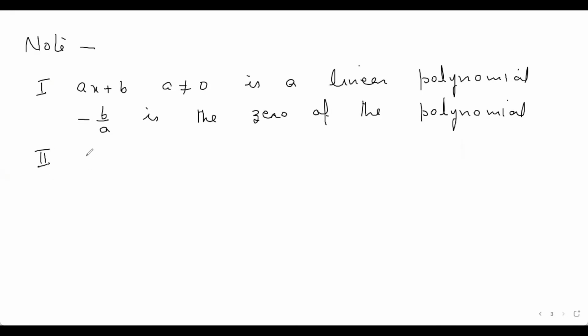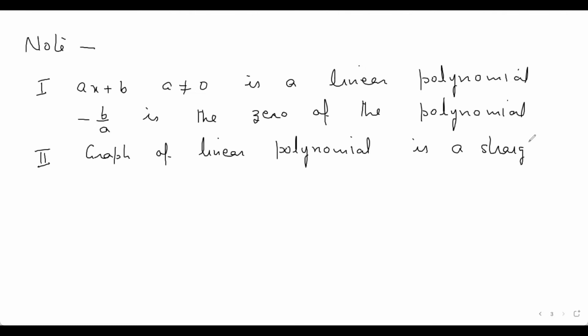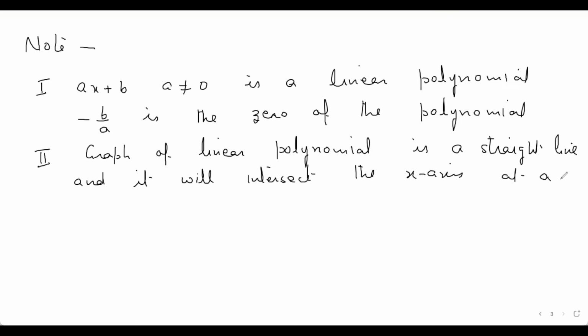Second thing you have learned: the graph of a linear polynomial is a straight line, and it will intersect the x-axis at the point (minus b by a, 0).